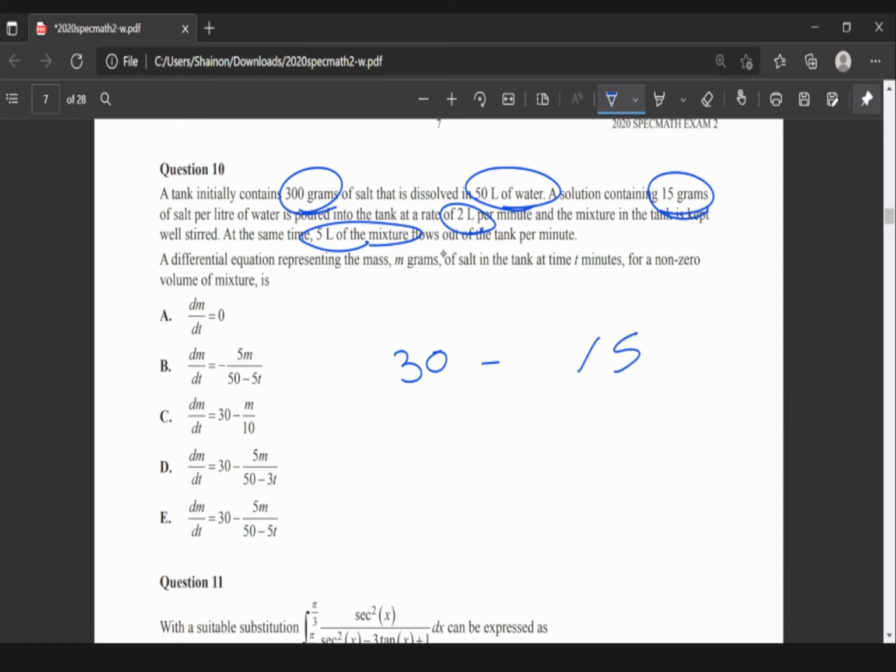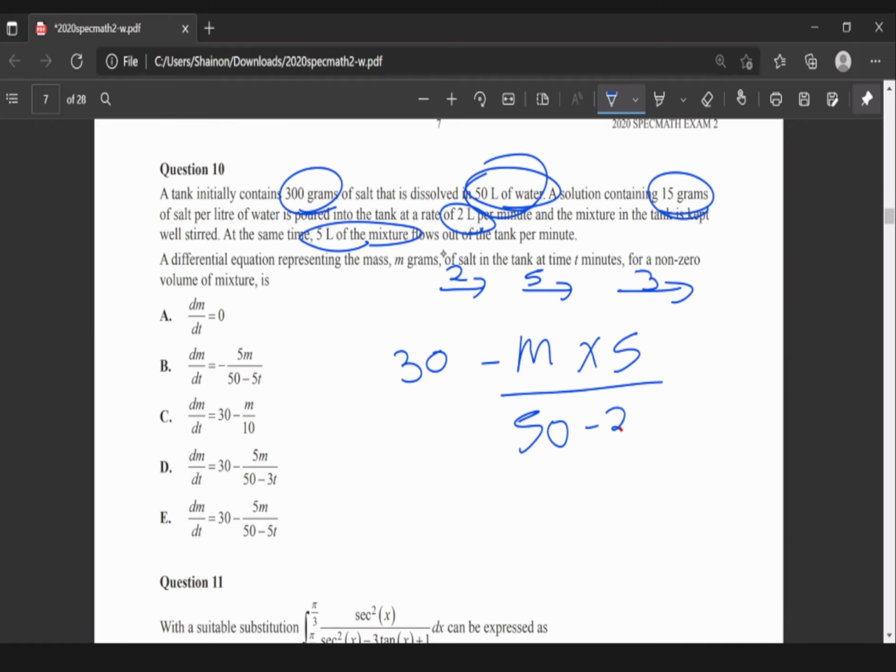So something times 5, we don't know this value, so we'll name that M. And we started with 50 liters, so 50, and since it's poured into the tank at a rate of 2 liters per minute, and at the same time it's going out at 5, 5 minus 2, so it's going to be net out 3.